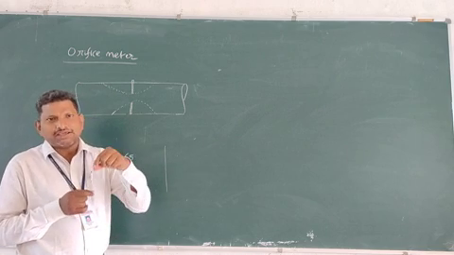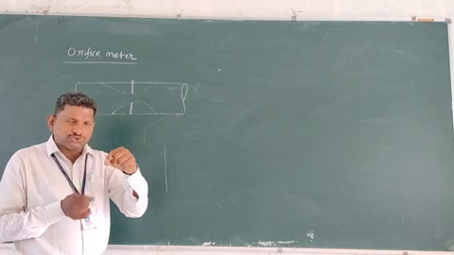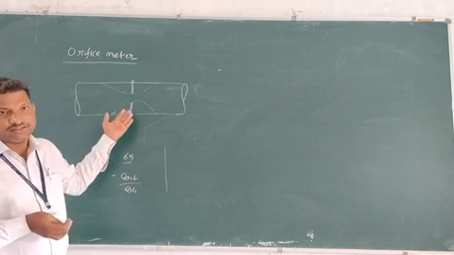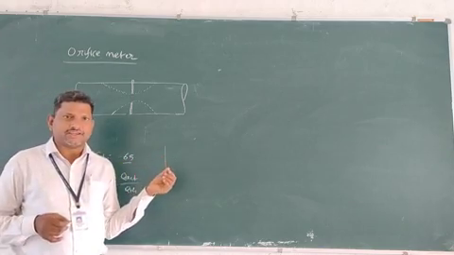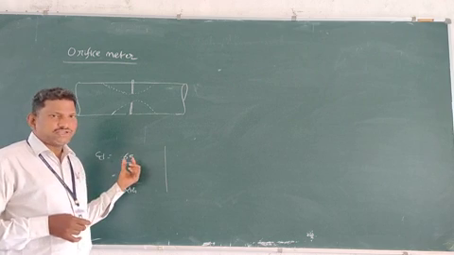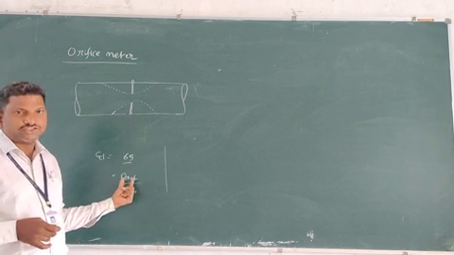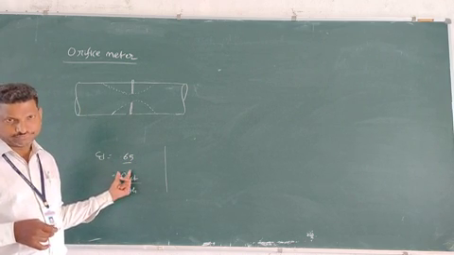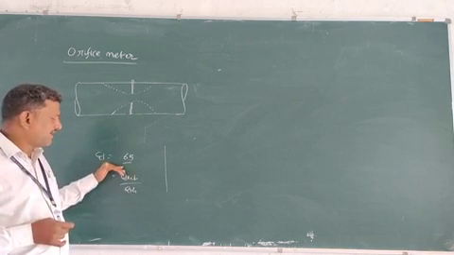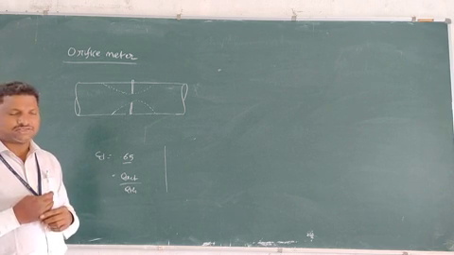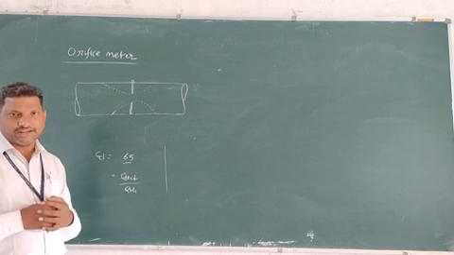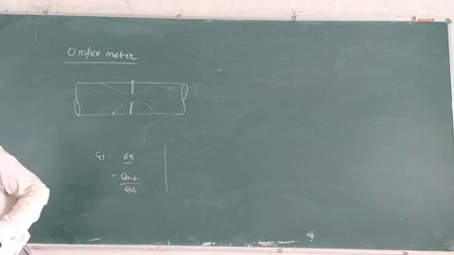Understand? There may be a certain contraction also, but not this much. That is why the loss in actual discharge in the orifice meter is more. That is why we are getting 65% of the theoretical discharge.